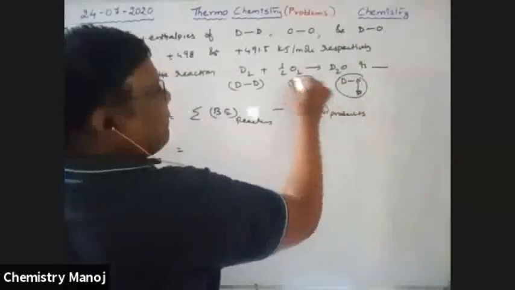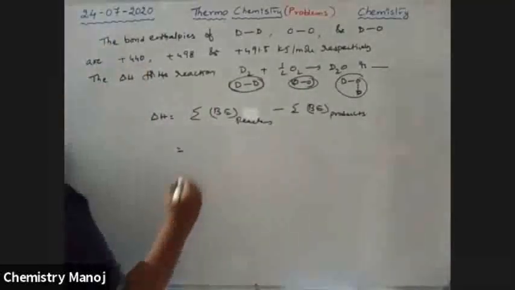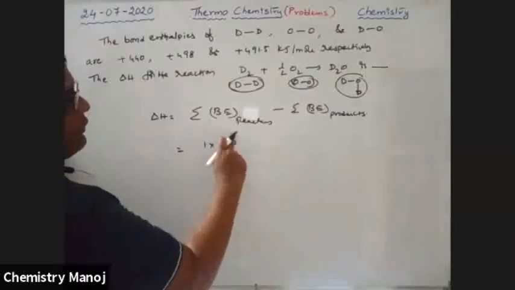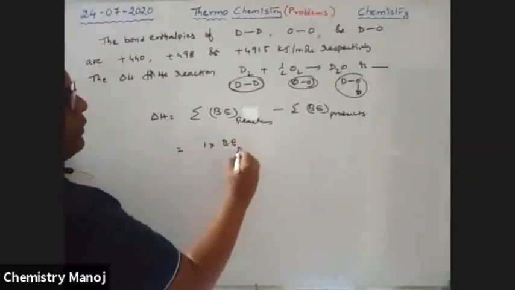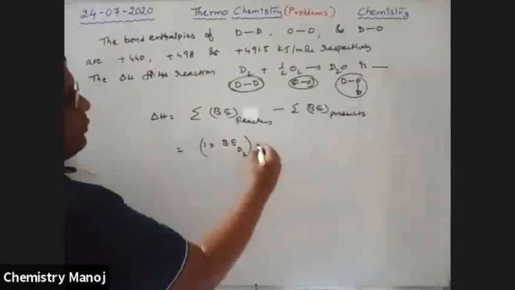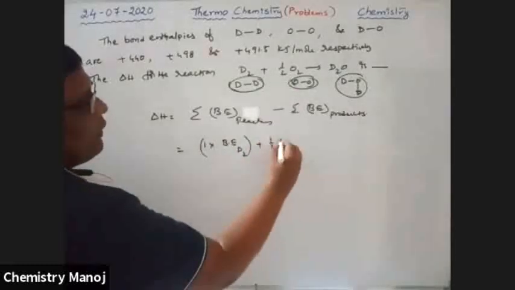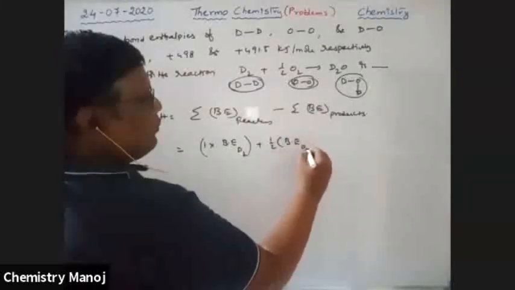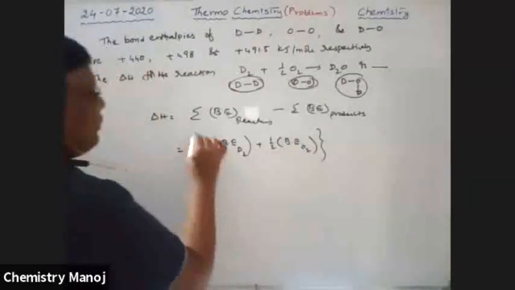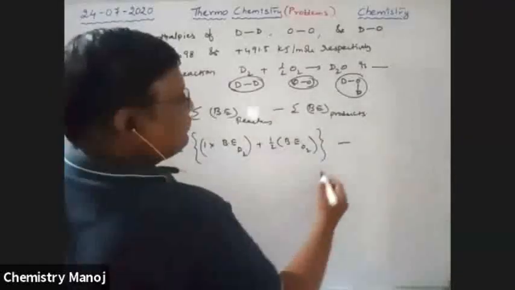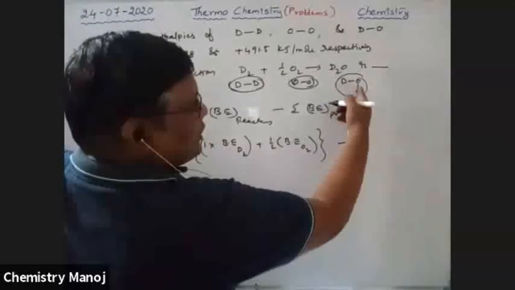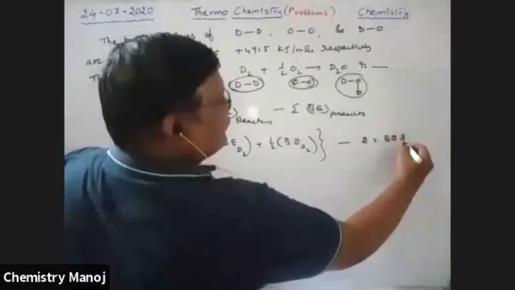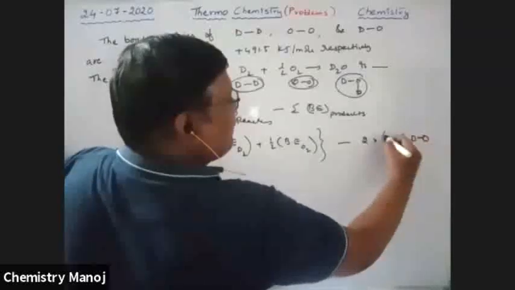Therefore, 1 mole, 1 into bond energy of D2, plus half mole, half into bond energy of O2, minus 2 bonds, 2 into bond energy of DO.